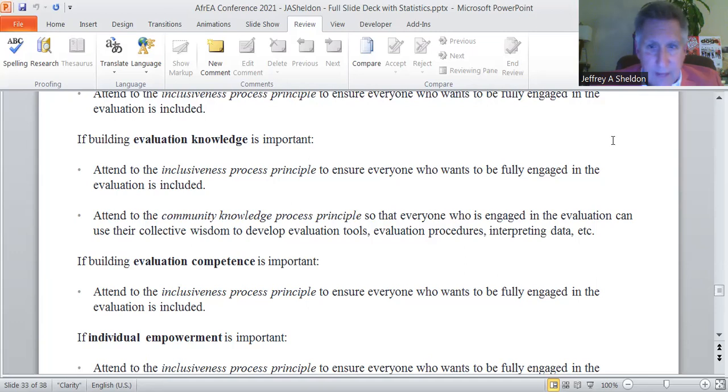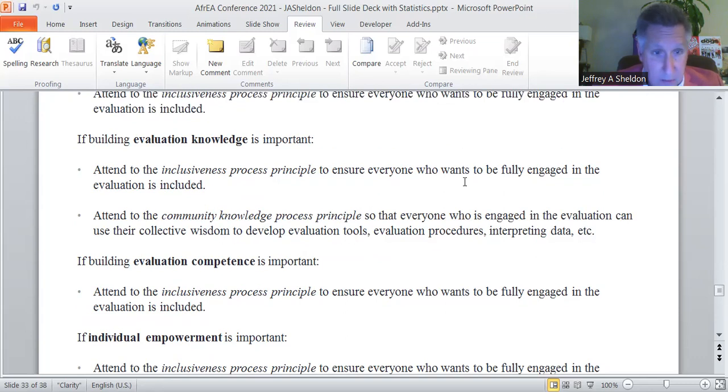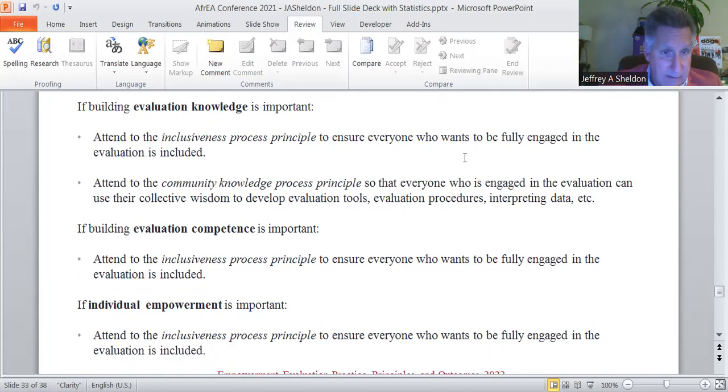And then you're also attending to the community knowledge process principle, so everyone engaged in the evaluation can use their collective wisdom to develop evaluation tools, evaluation procedures, and interpret data. So evaluation knowledge comes from the inclusion, and it comes from this community knowledge process, which pretty much stands to reason, I think.